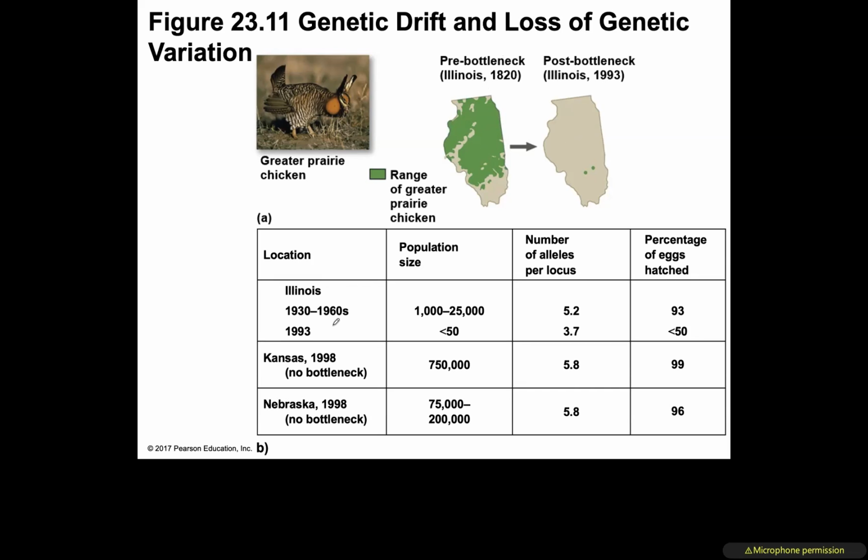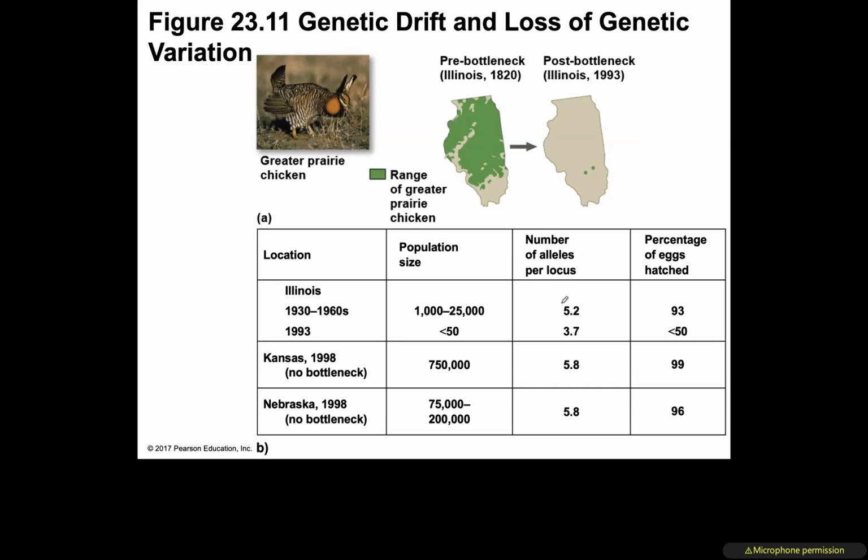So if you look down here in the chart, in the table, from 1930 to 1960, you had a population size of 1,000 to 25,000 prairie chickens, okay? These are actual individuals. So when we're talking about the alleles that those individuals are carrying, the number of alleles per locus, so location on their genes.